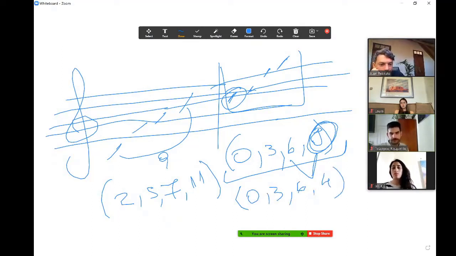Right. Now, if we do this, we can see that we might not have the biggest interval here, and we don't have that one.